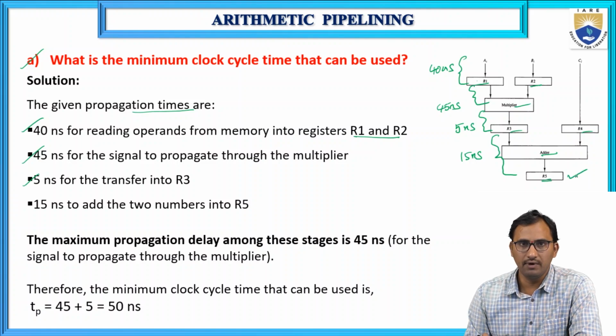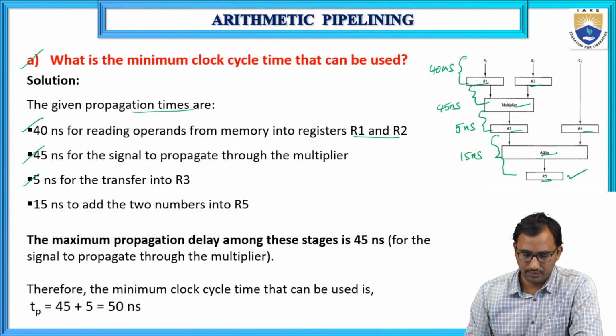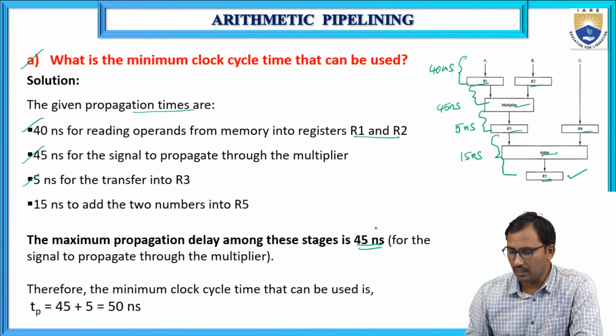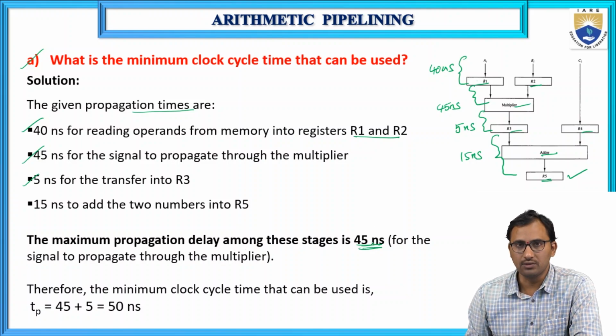So these are the various timings given, and the maximum propagation delay among these stages is 45 nanoseconds. So if we allocate 45 nanoseconds to each stage, then it can complete the task accurately.